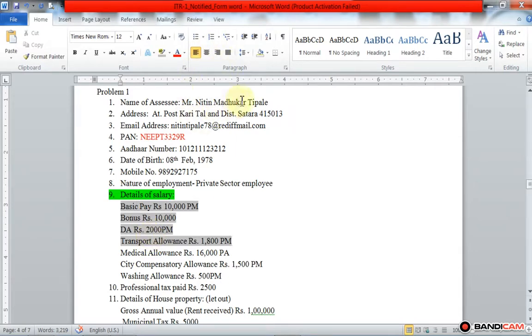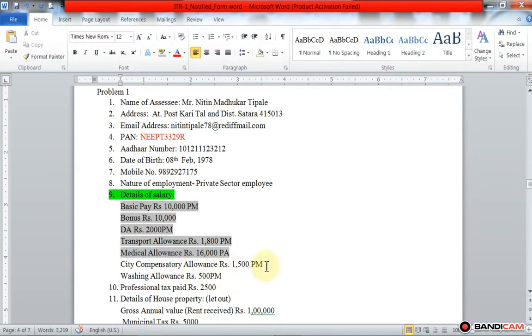Nitin Madhukar Tipale is a normal person, so the transport allowance of rupees 1800 per month is all taxable. Then medical allowance, rupees 16,000 per month, all taxable.